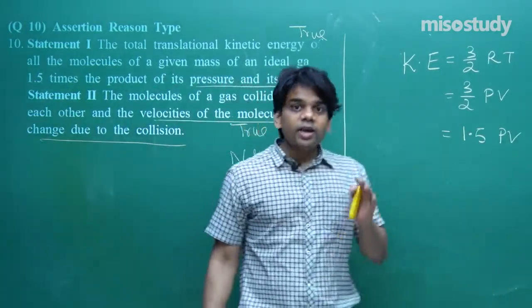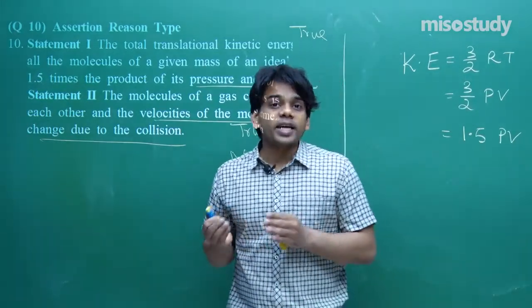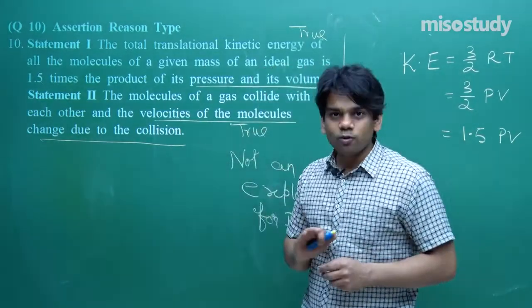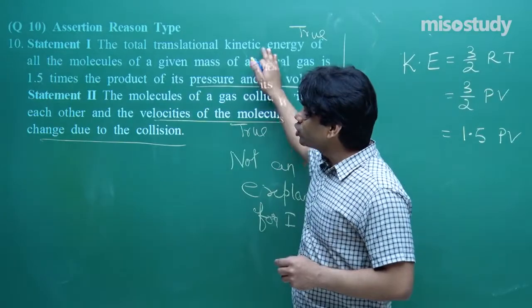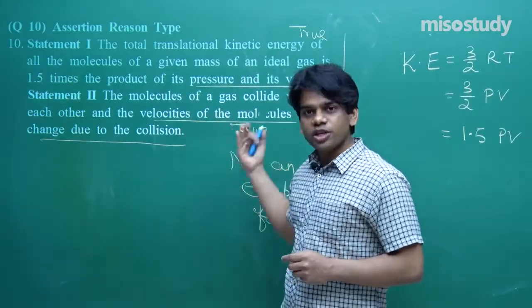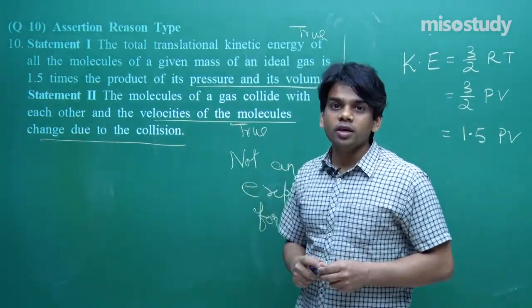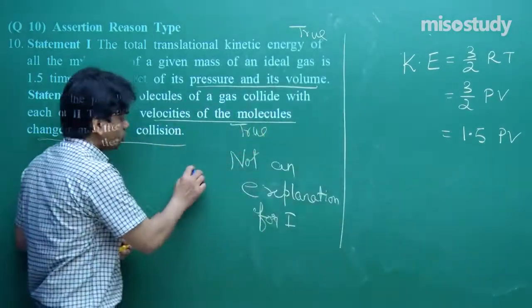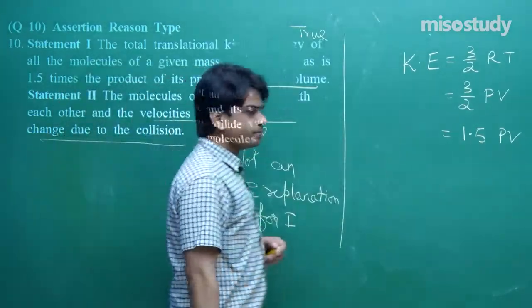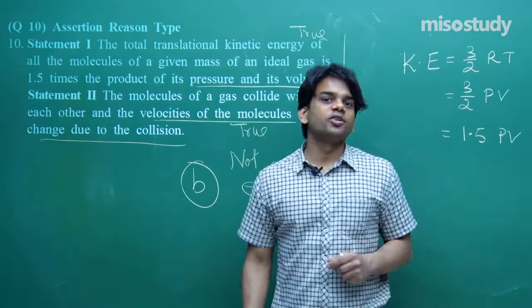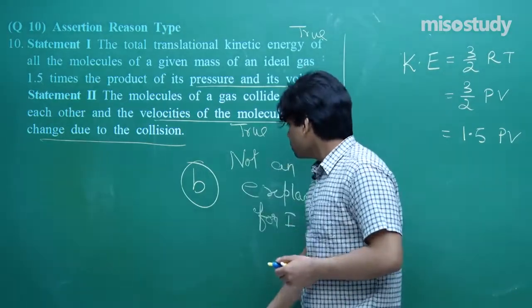So A you have to choose when both are true and the second statement is the correct explanation, so A you will not choose. B, if one is true, second is true and this is not the explanation. So you have to choose option B for this question. Let me write, you have to circle option number B. This is the option you need to choose for this question.